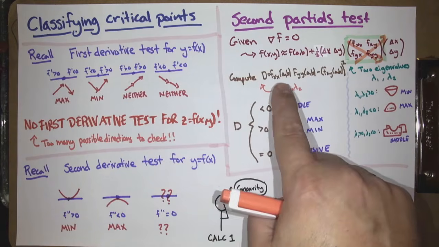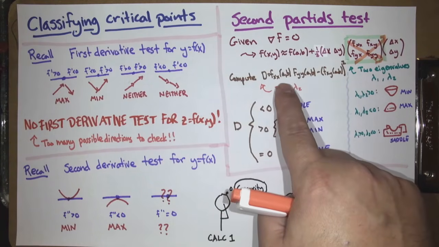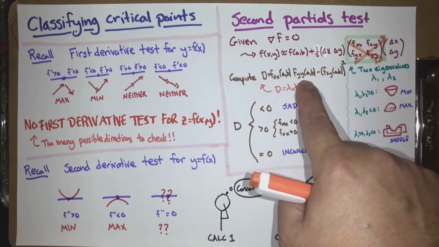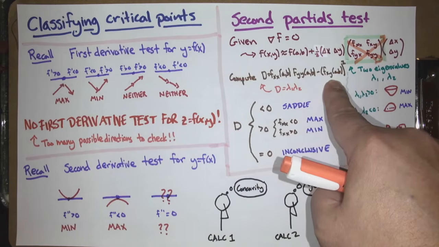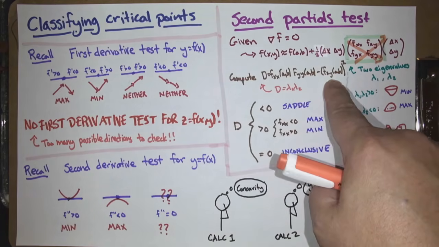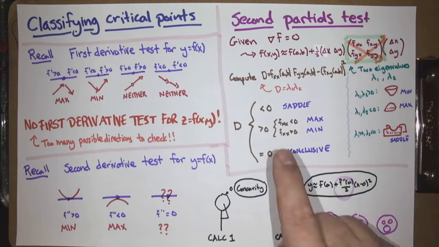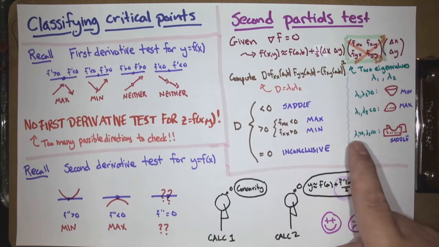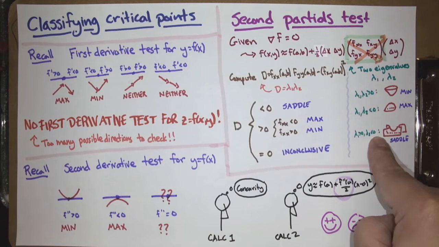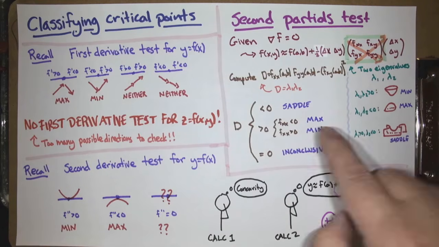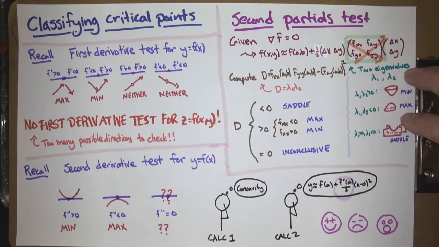So this is the determinant of your matrix, fxx times fyy minus fxy squared. You find this number. It's a number, because you're at a point. If that number is negative, that says you have to have opposite signs. You're at a saddle. If that number is positive, you're one of these two things. You're either a min or a max. So you have to say, but which one?